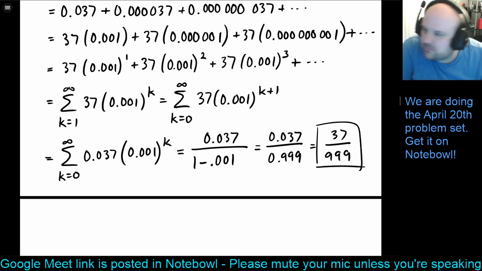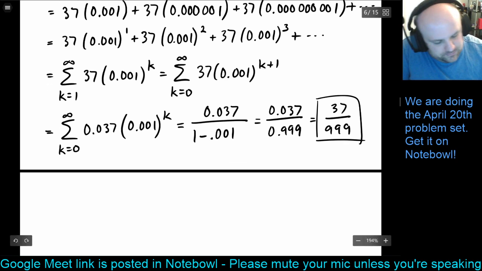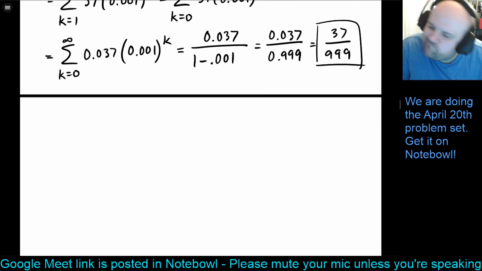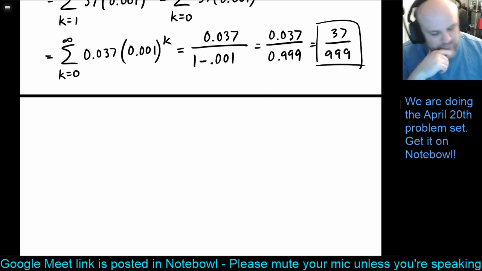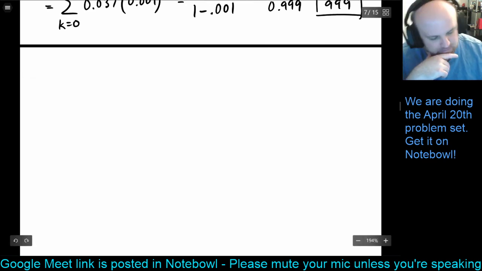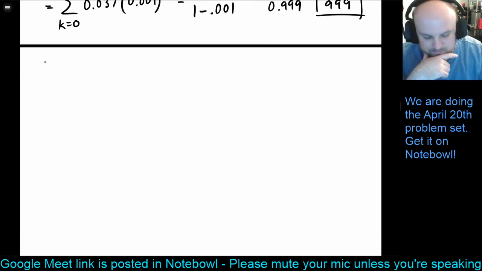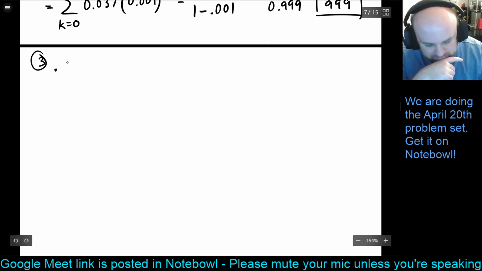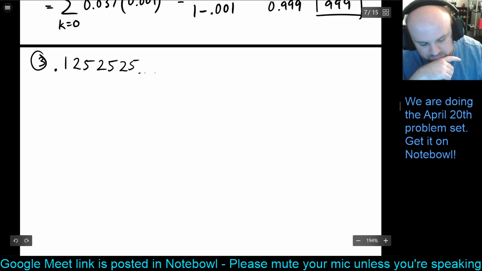Okay. I put the decimal in the wrong spot here. Or maybe I didn't, but I'm going to move it. I think the next problem is a little more enlightening if we look at this as 0.1252525, and so on.